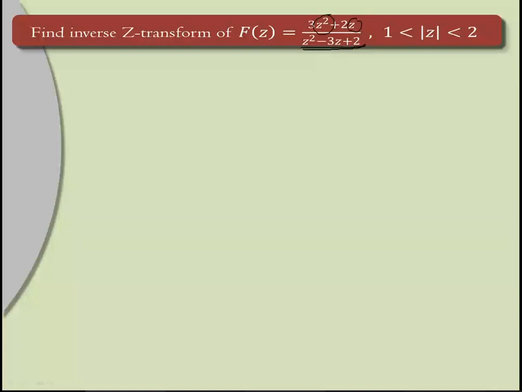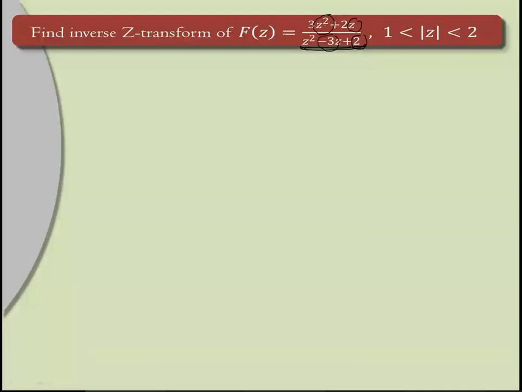This is a quadratic equation. Now what are the factors? Product must be 2 and sum must be minus 3. The factors of 2 are minus 1 and minus 2, because the addition of minus 1 and minus 2 is minus 3 and the multiplication is 2. So we can find the factors of this, and z can be easily taken common.